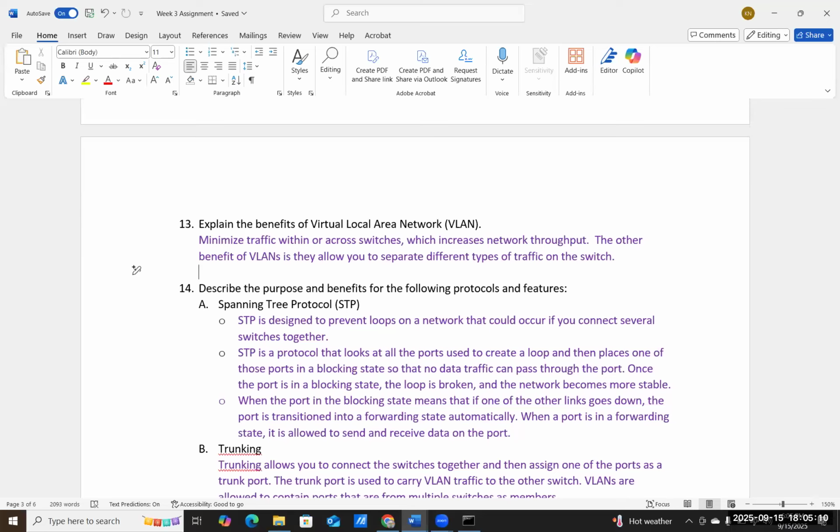When it is in a blocking state, it's going to look at which links are down and forward automatically. So it prevents the switches from going down, so that you have better, successful communication when you're connecting the switches together. Okay, that's one benefit of STP.